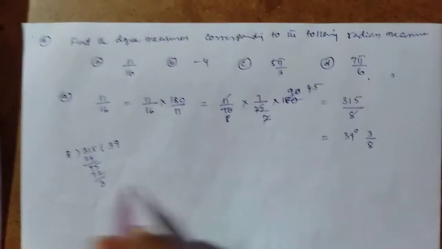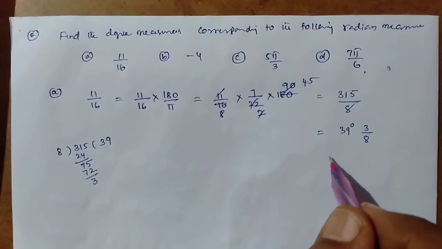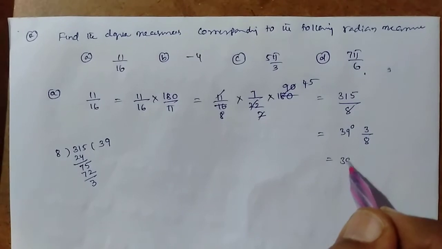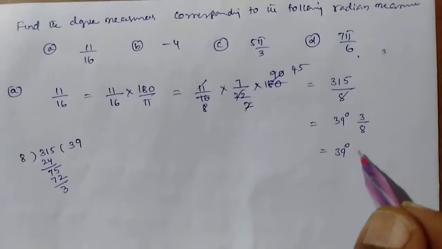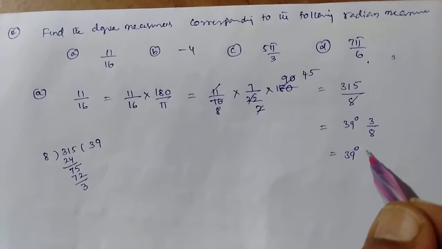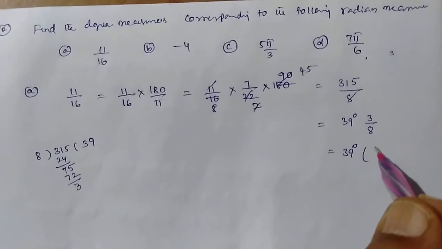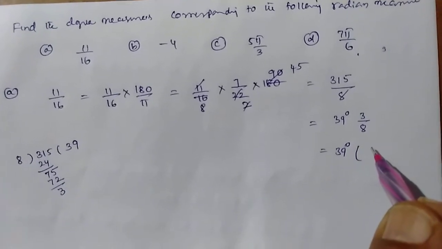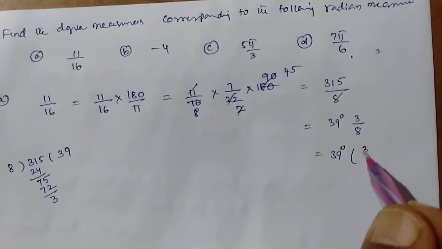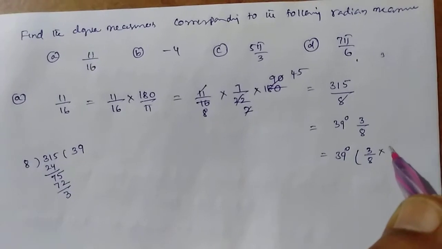That is equal to 39 degrees, 3 by 8 minutes, which can be written as 3 by 8 into 60.